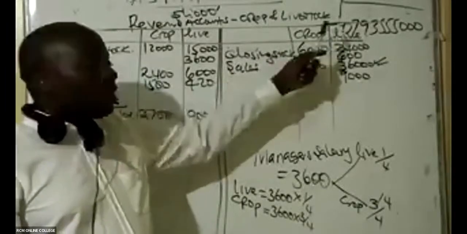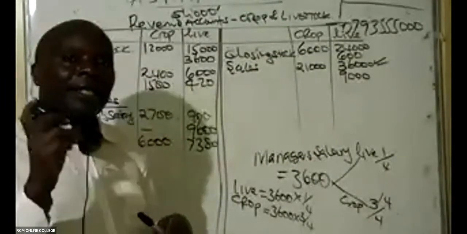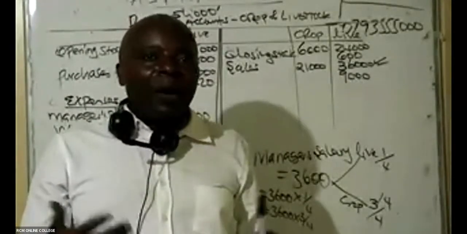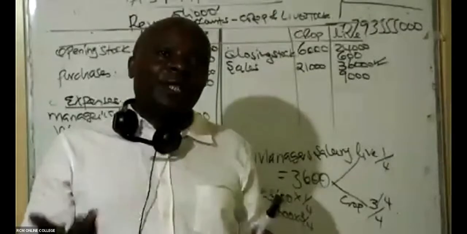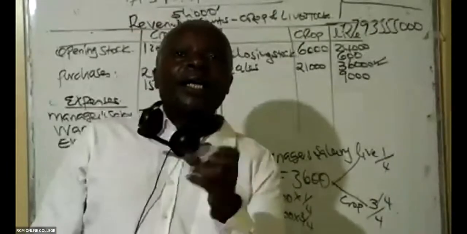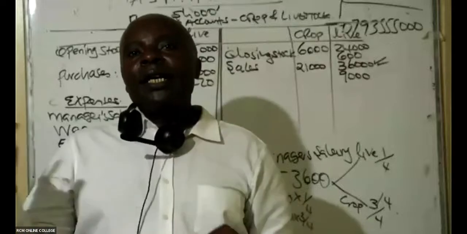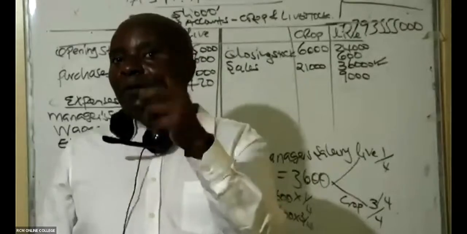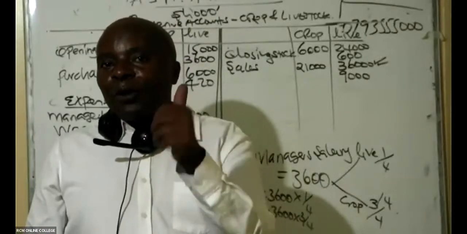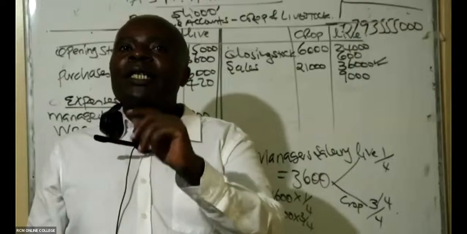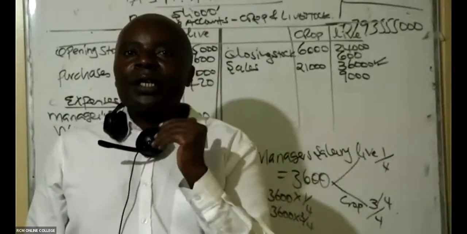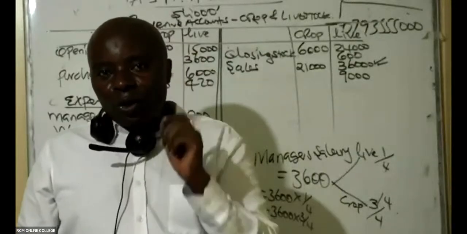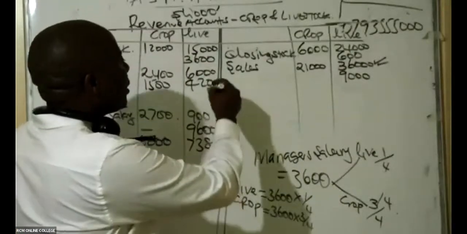We know that livestock is the one that produces manure, and it was used by our crops as fertilizer. So there I can see an output and an input. This is an output from livestock, and we shall assume that it is a sale. Our sales will always be credited. So in this case, we have manure.